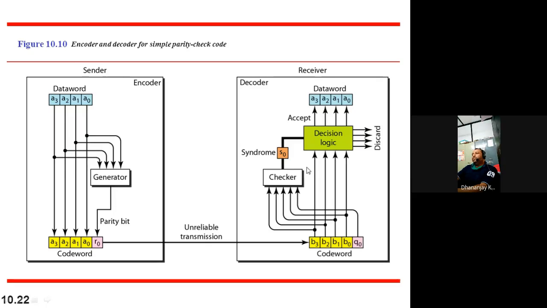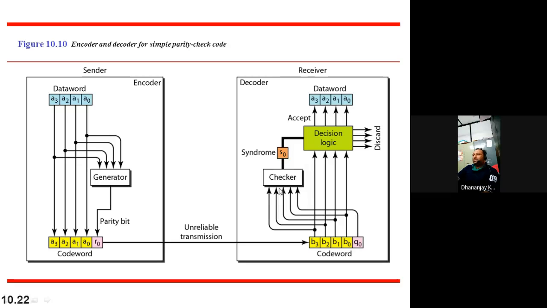But if any kind of change occurs, then it will be discarded. Now, who is going to make the decision about whether the given data has any kind of error or not? So all the data will be passed on to a circuit called a checker.